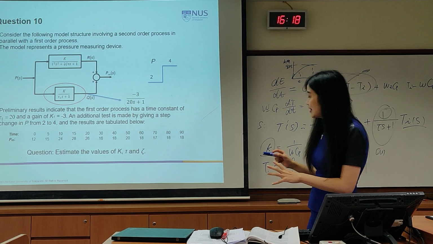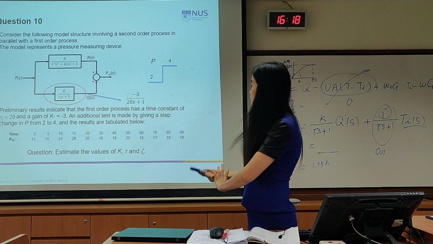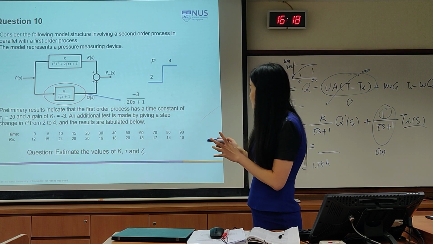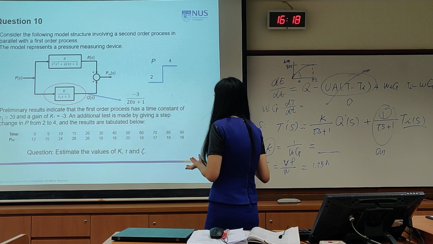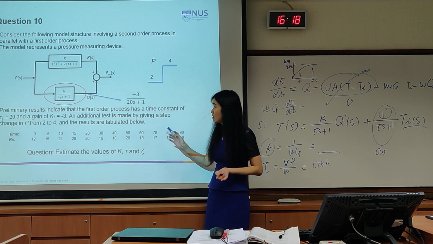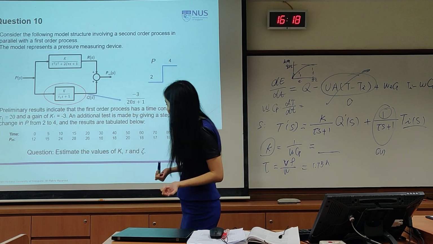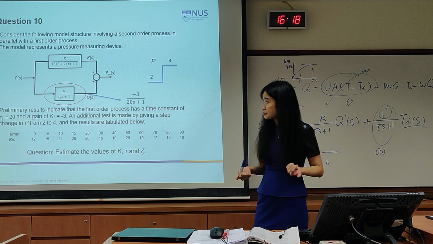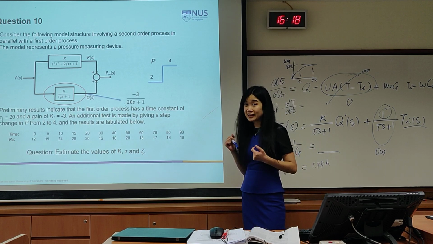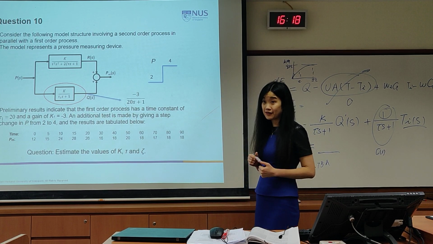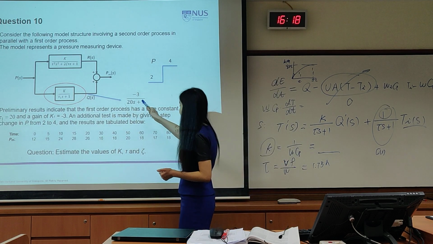So here we are given the data. We know from the preliminary results that the first order process has a time constant of tau equals 20 and a gain of k equals -3. So we are given the k and tau for the first order process. We can directly write the first order process here.